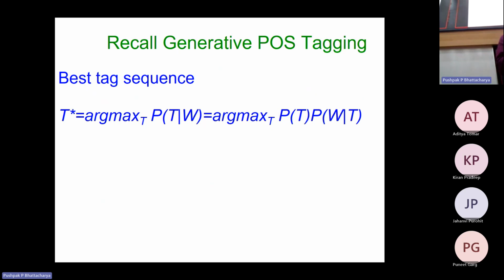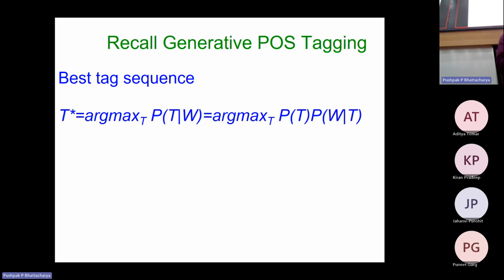This is also called lexical or observational probabilities. So ultimately, we deal with the product of tag transitions and the conditional probability of the word given the tag, and we do it for every possible word position. So this is generative modeling.